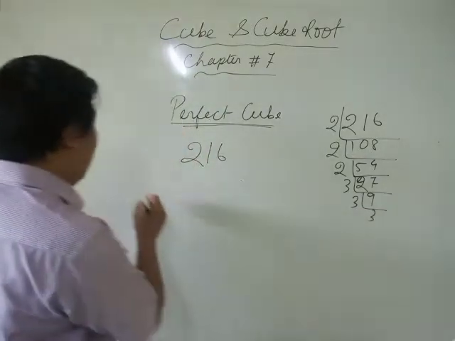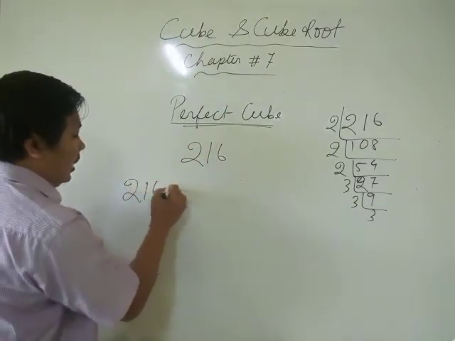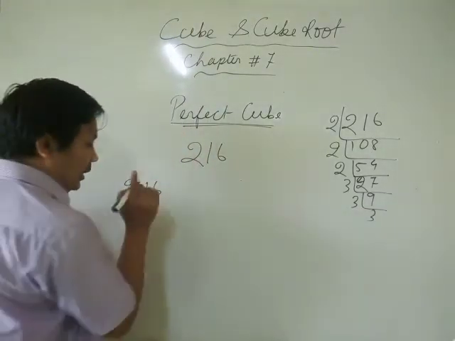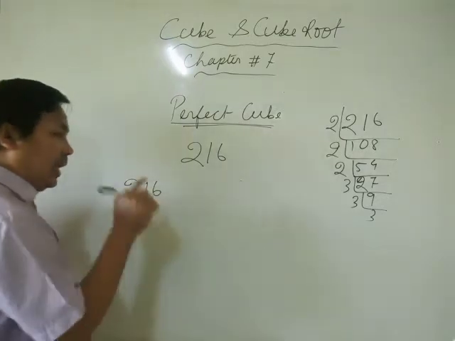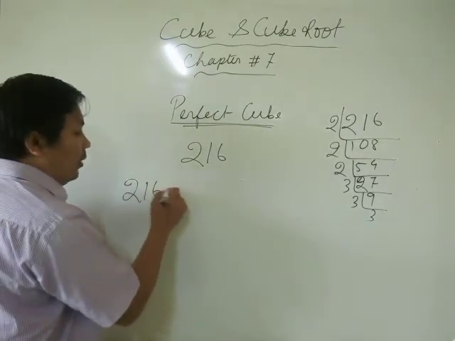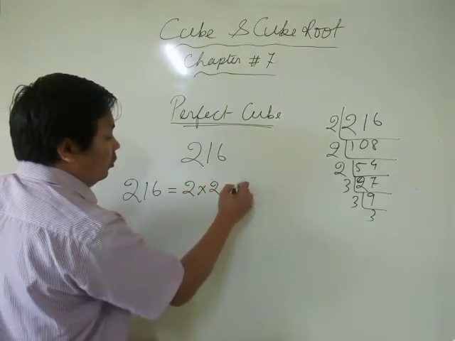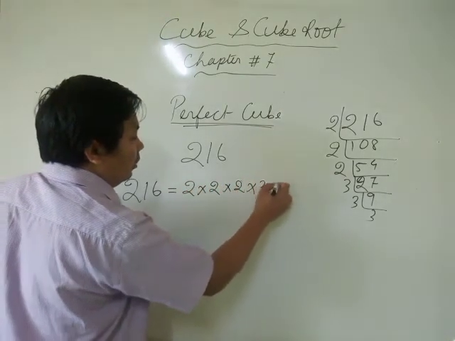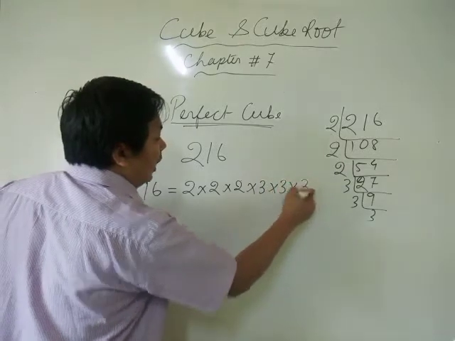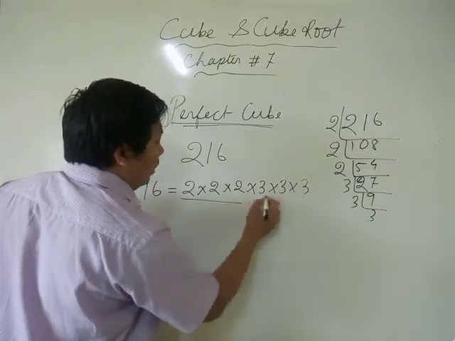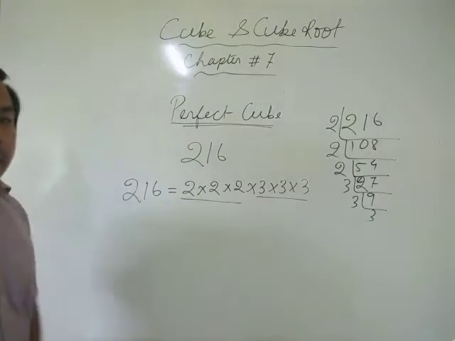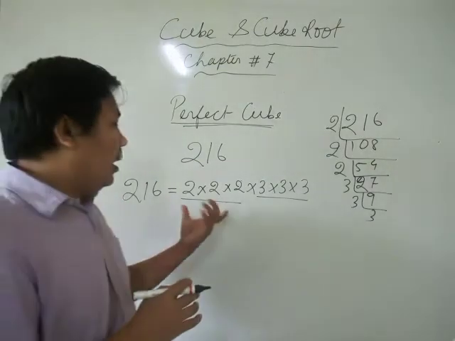So 216 can be written as the product of its prime factors: 2 into 2 into 2 into 3 into 3 into 3. Now we can see that three numbers of the same type are appearing here.